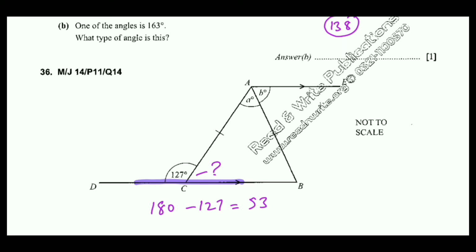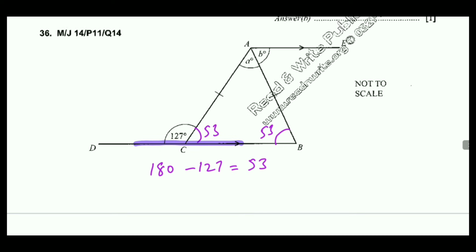So this angle is 53. If this is 53, this angle will also be 53 by the isosceles triangle property, that its base angles are the same. So if these two angles are calculated, we can easily find angle A by angle sum of a triangle property. So 53 plus 53 plus angle A is equal to 180.